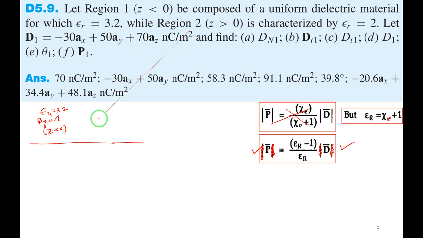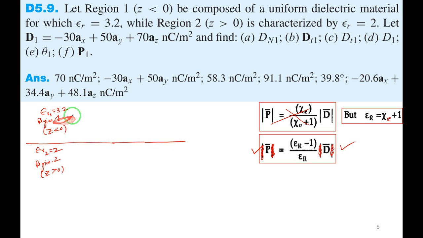Next, region 2, where z is greater than 0, with epsilon r2 equal to 2. I have taken the region of higher permittivity above, as we have seen earlier.